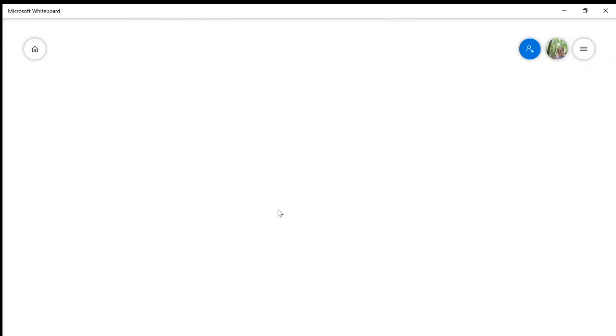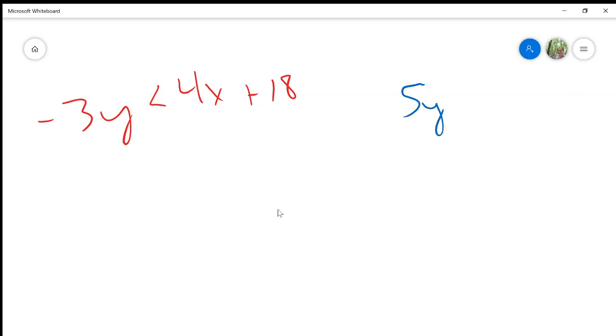We will see what happens when we have these 2 problems. So the first one I'll do in red is negative 3y is less than 4x plus 18. And then I have the word or, and then I'll use blue, and I had 5y is greater than or equal to 2x minus 15.